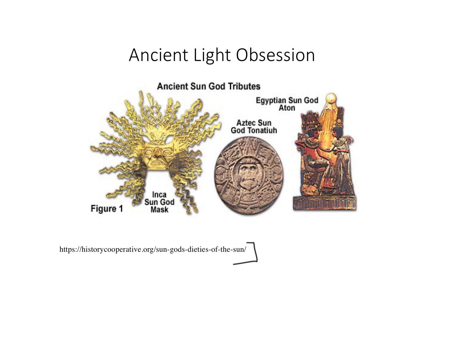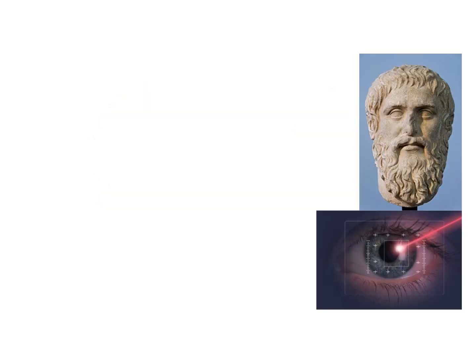Okay. And so one of the things that kind of was thrown around was Plato, a Greek philosopher, and I have a bust here of Plato. He lived from 427 to 347 BC, right?